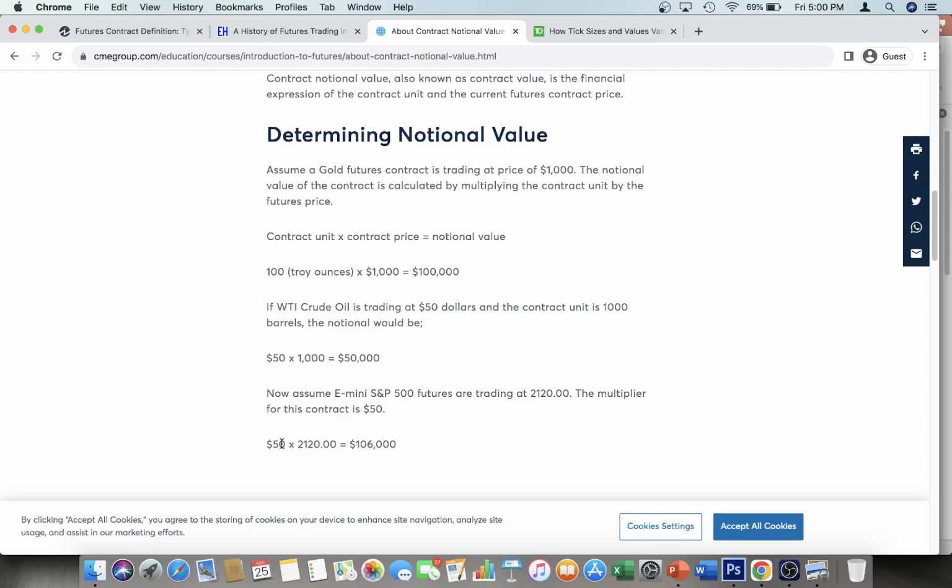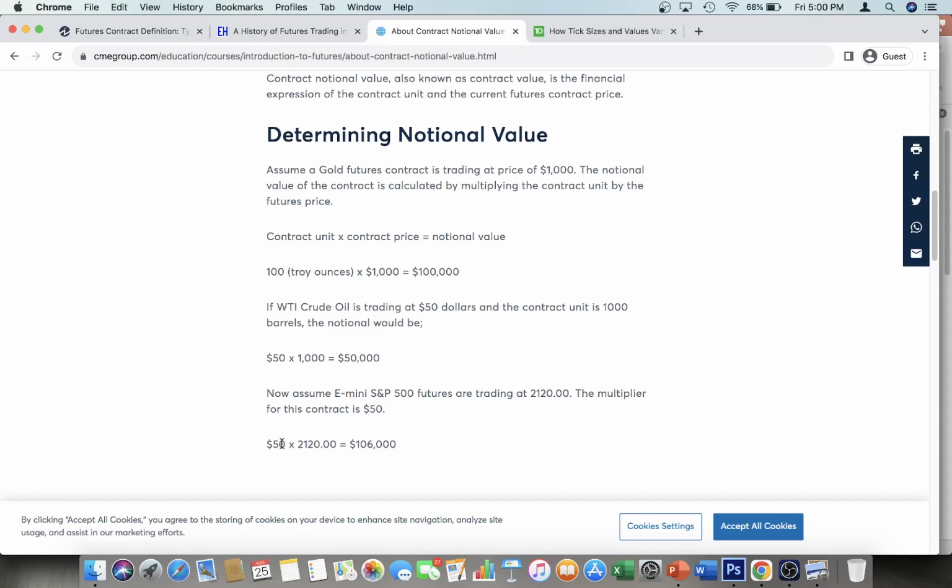This comes into perspective if you're hedging. If you have a portfolio of, let's say, $500,000 of S&P 500 stock, you have exposure to $500,000 worth of S&P 500. You can hedge that in the futures market.